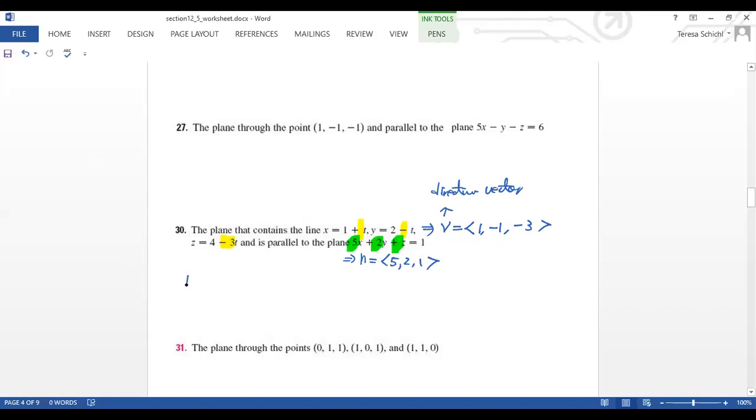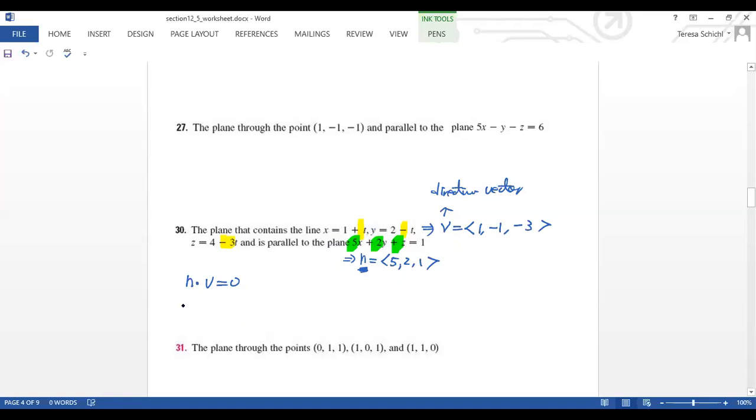So then I know that n dot v is equal to 0, because these two have to be perpendicular here, correct? So we can use this normal vector as the same normal vector as the plane we're looking for.